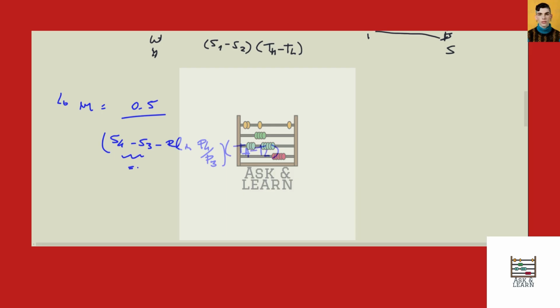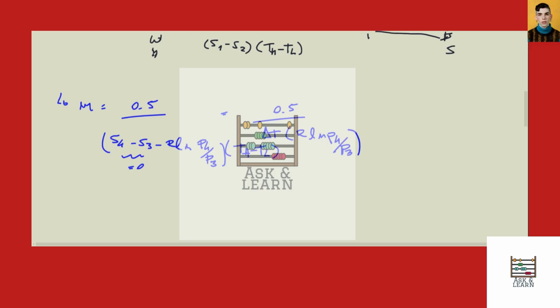This is 0. Therefore, we can simplify this to be simply 0.5 divided by the change in the temperature, let's call delta T, just to simplify, that multiplies R natural log P4 over P3.